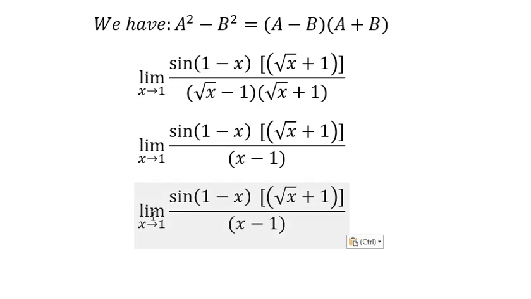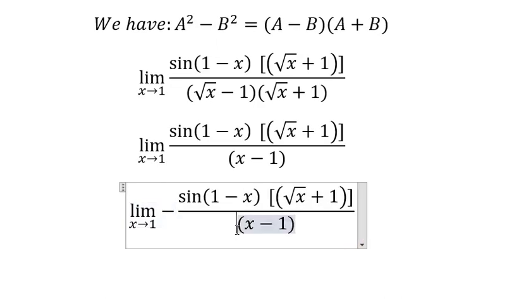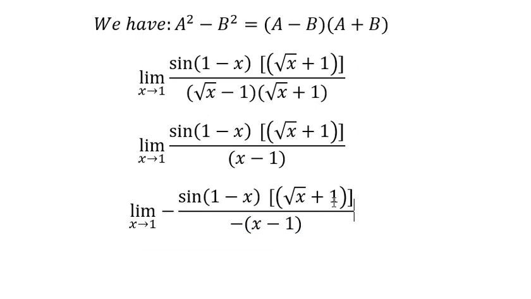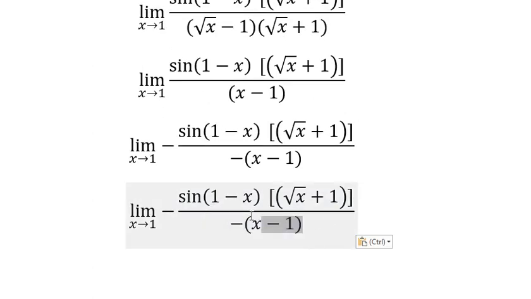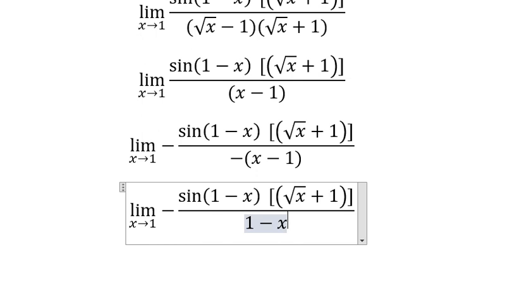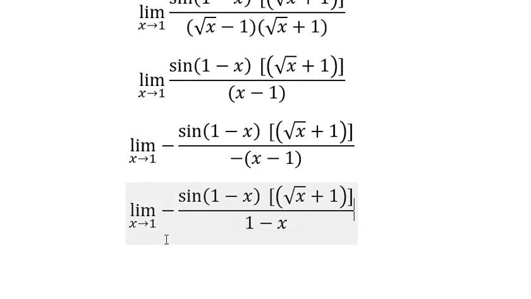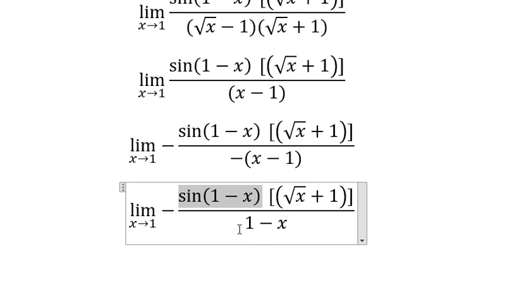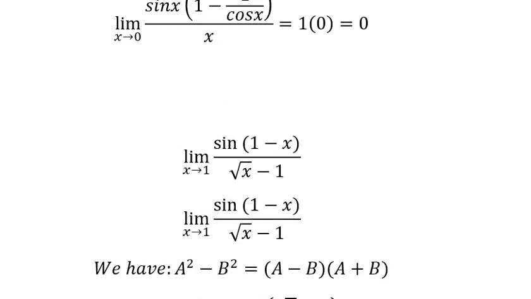Next, I will put the negative here, so we have another negative here. So this one, we change the sign and you get 1 minus x. So when x approaches 1, this one, 1 minus x over 1 minus x, you get number 1. This is the formula here.